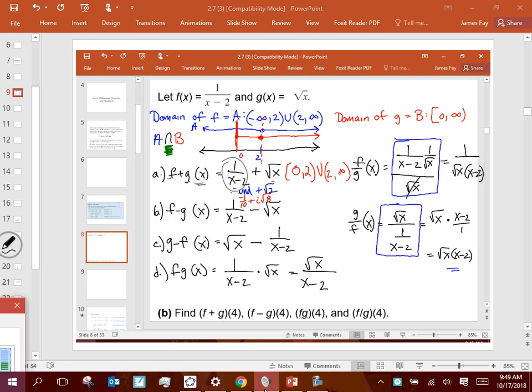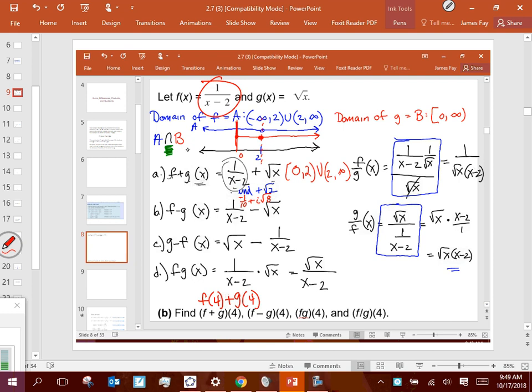And talking about what f plus g of 4 is, we've got two options, guys. We can actually take and realize that that means f of 4 plus g of 4, right? So I can come back up to this thing here and evaluate at 4.